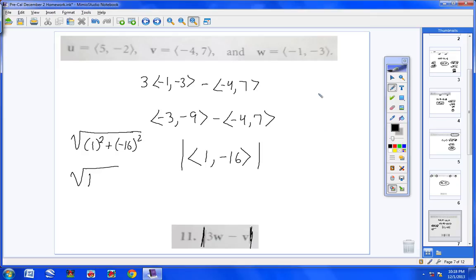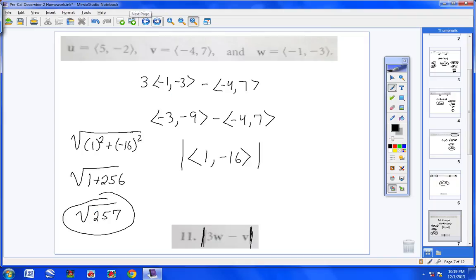Let's see, 256. There we go. And then add those together and you get the square root of 257. All right? That cannot be simplified. And so that is the magnitude or the length of this vector right here. Okay? All right, moving on.